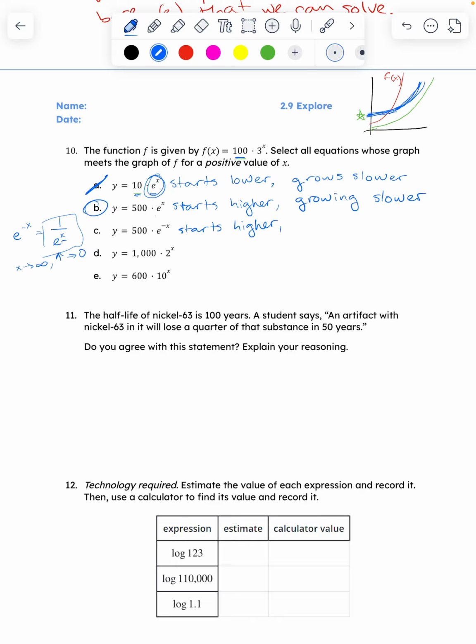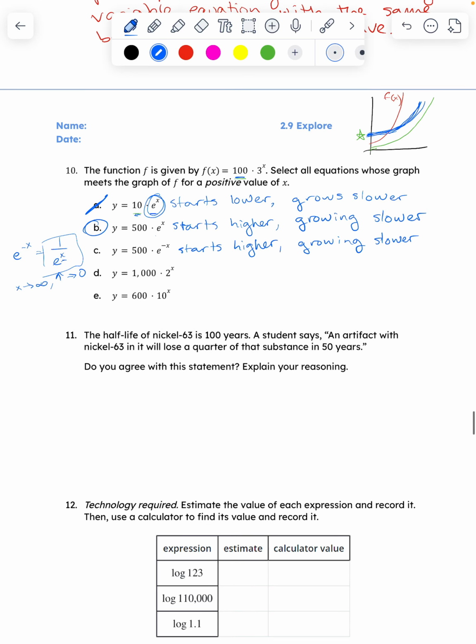Its limit as x goes to infinity is 0, if we dig back in our brains. So it's definitely growing slower. One could argue it's even shrinking. So it's definitely going to be another one of these cases where it starts above and ends below our f of x function. So we're keeping it.